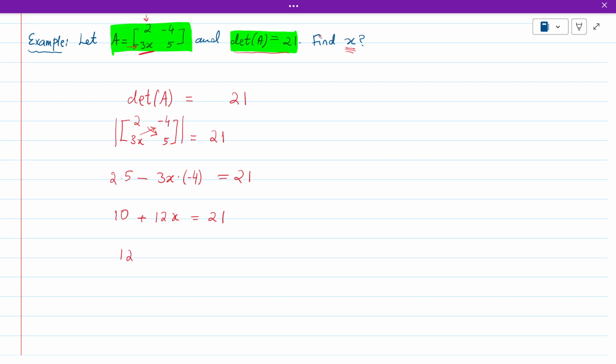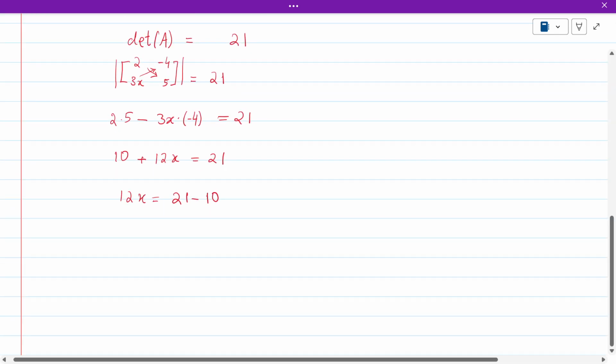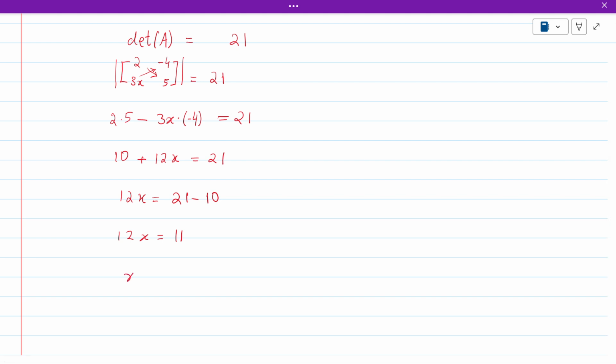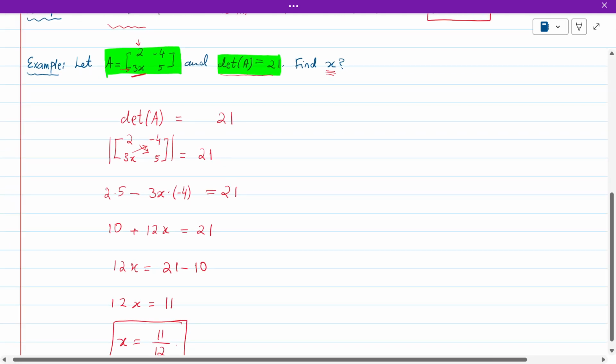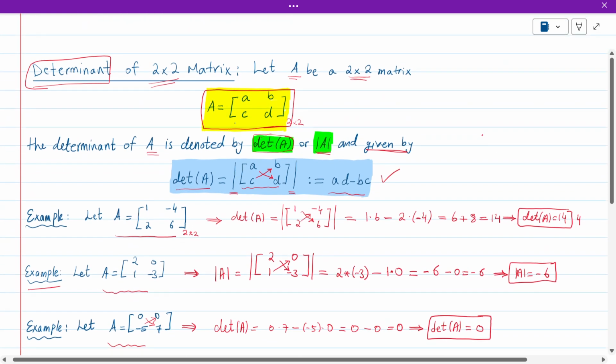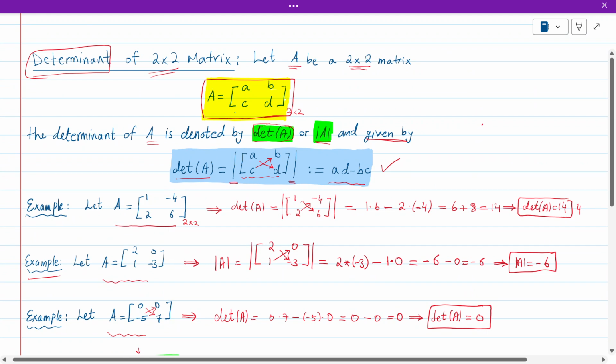So we take 10 to the right side, it will be 21 minus 10, or you can say you subtract 10 from both sides, which is the same story. Now 12x is 11, and x is 11 over 12. Okay, so you see, you found the value of x. So generally, this is the determinant of a 2 by 2 matrix.